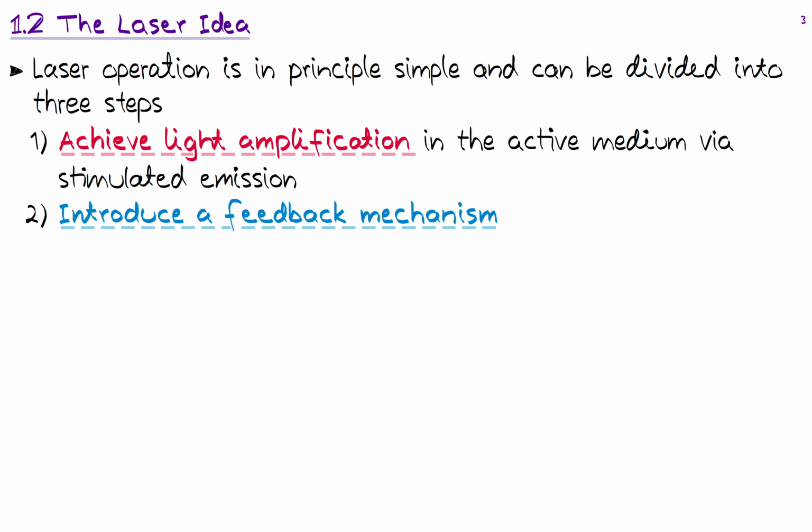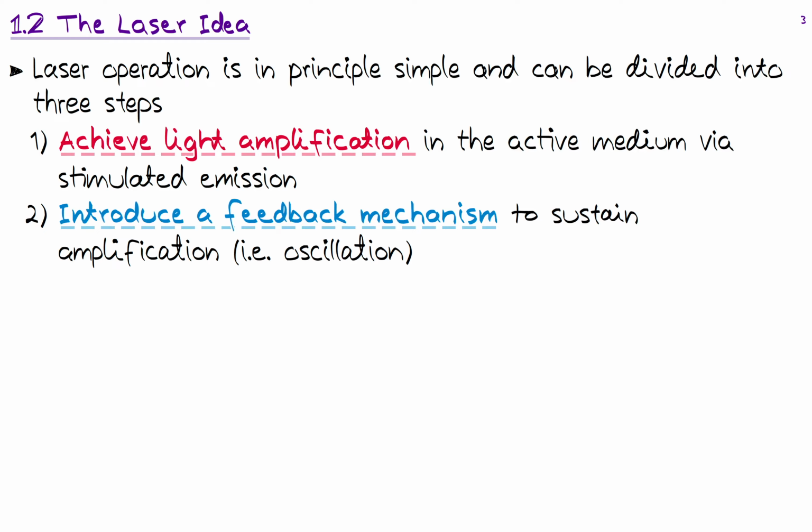In addition to that, we need to introduce a feedback mechanism that really helps sustaining the amplification. In the terminology of laser physics, we call this kind of amplification or lasing an oscillation of the system, achieved using an optical cavity. This is how we realize the feedback mechanism in practice.